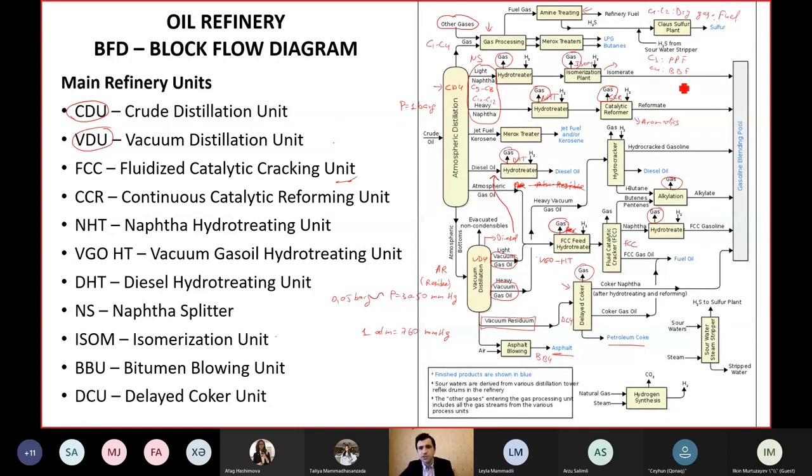When we treat H2S in the dry gas, we absorb H2S with amine treating, and H2S is sent to the sulfur plant, or you can call it the sulfur recovery unit, where we produce sulfur.